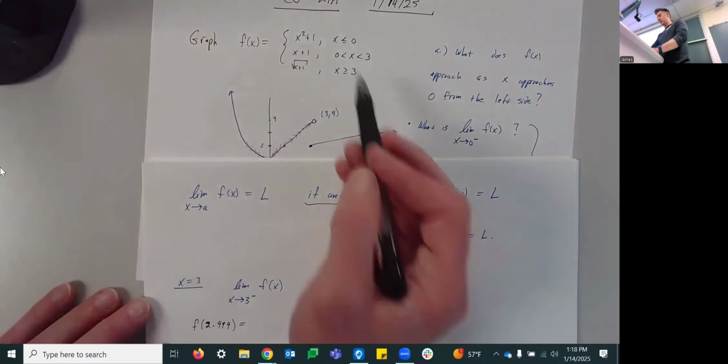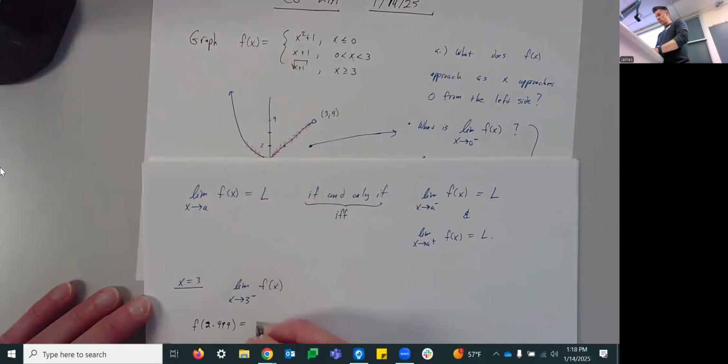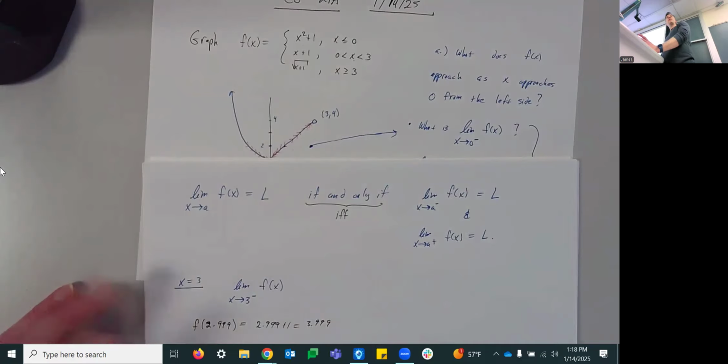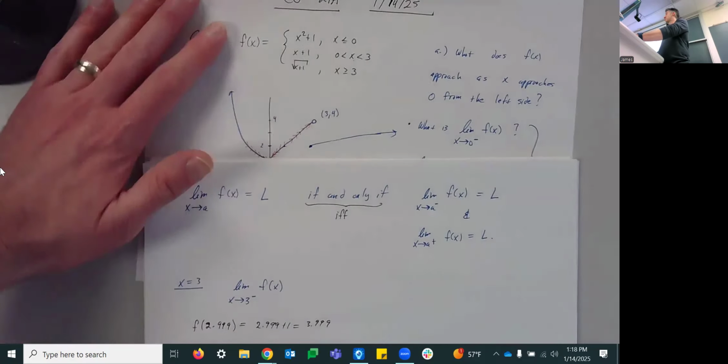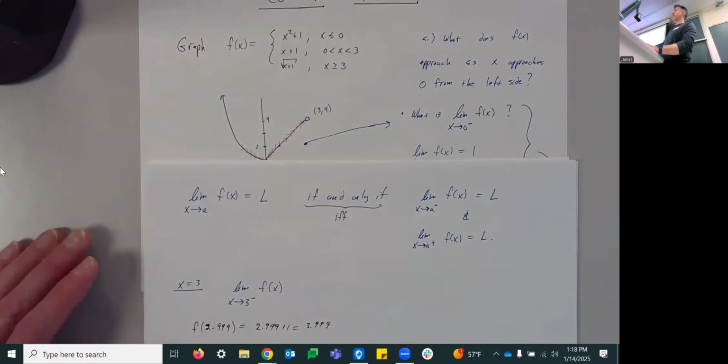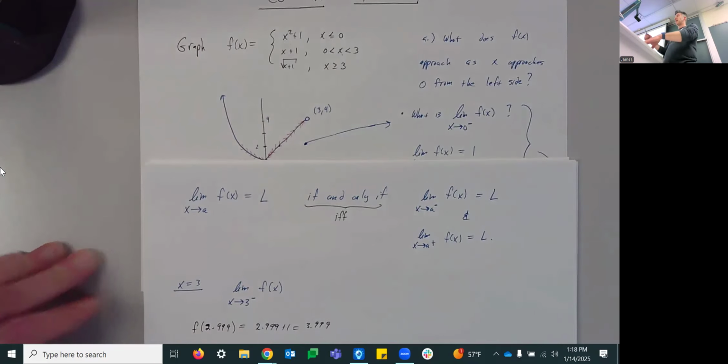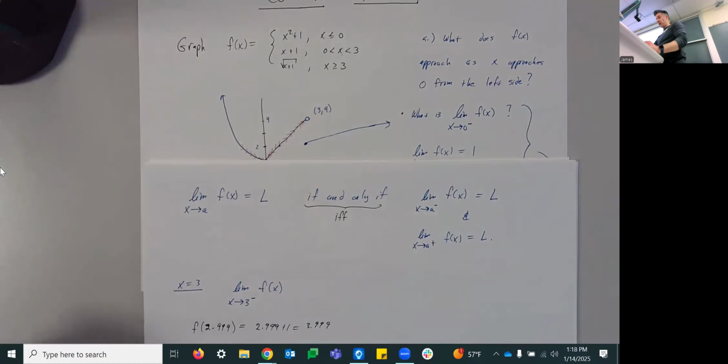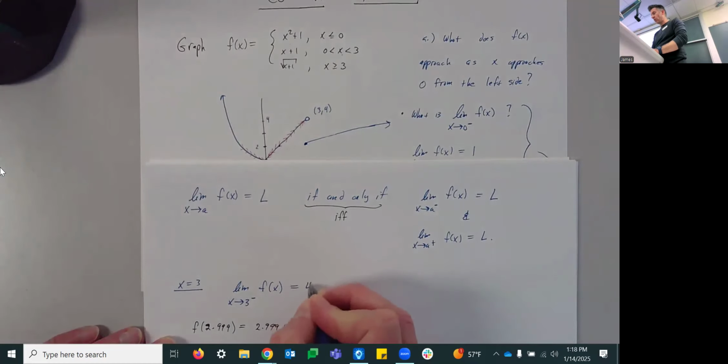Since x is a little bit less than 3, I'm going to get 2.999 plus 1, which is 3.999. Really, really close to 4, but not equal to 4. That's fine. It doesn't have to equal 4, but we can get as close to 4 as we want. With more 9s, it's closer and closer to 4. And that does mean for us that this limit is equal to 4.